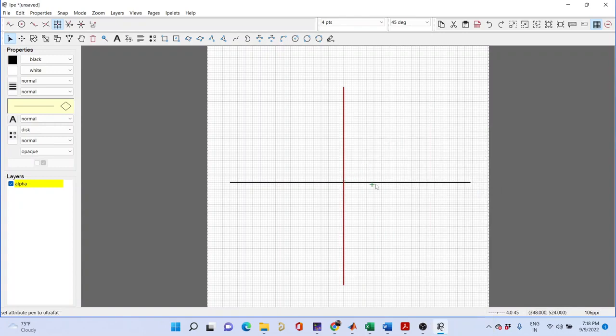Okay, so say I have some pole over here. I have some pole at this point. I have a pole at this point.